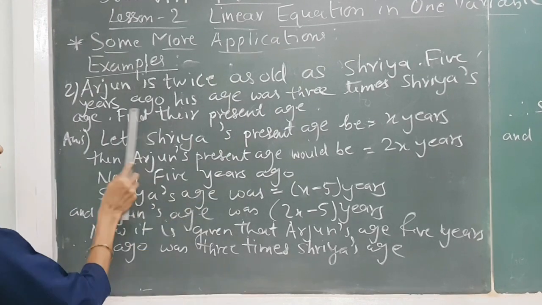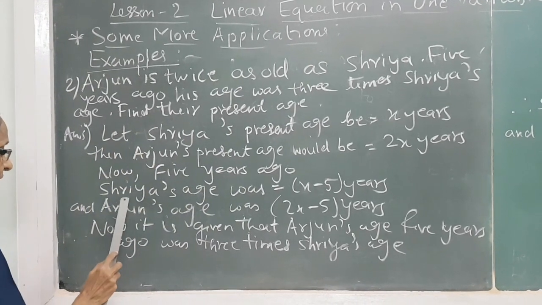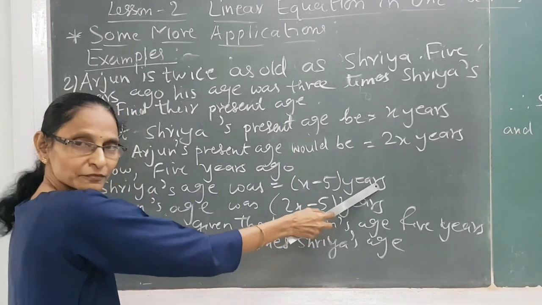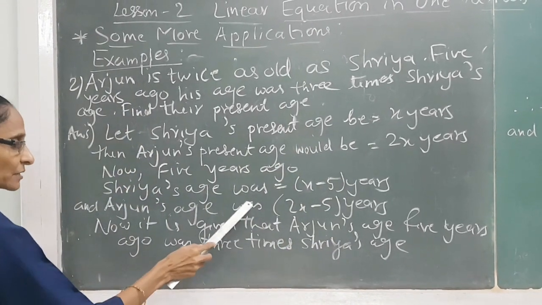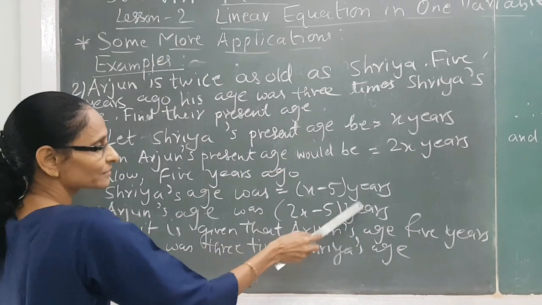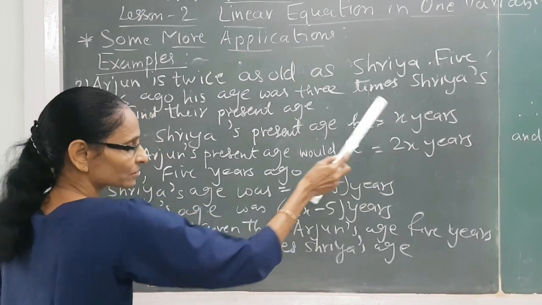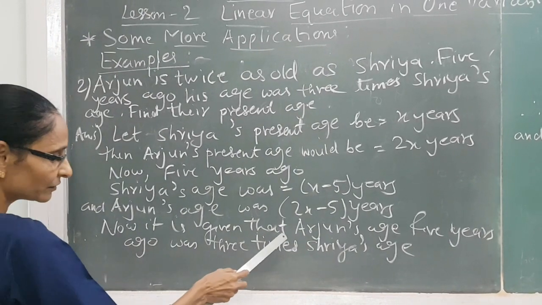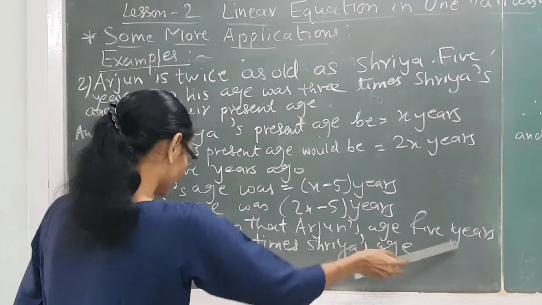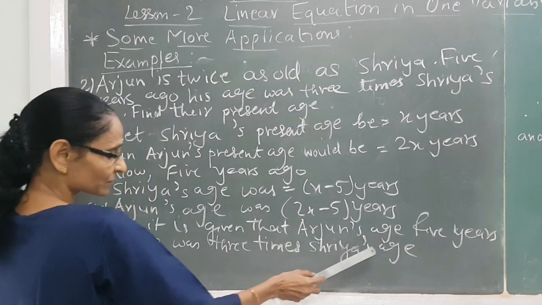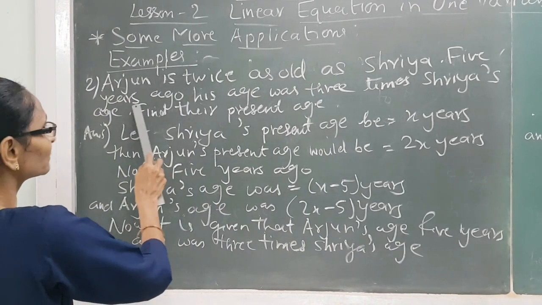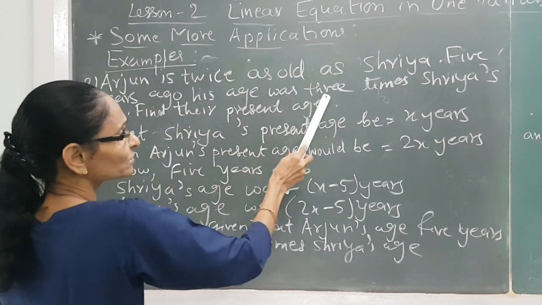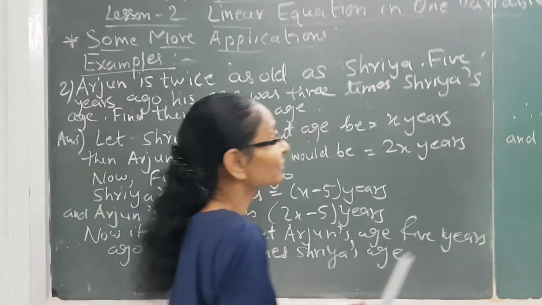Now 5 years ago, Shriya's age would be x minus 5, and Arjun's age was 2x minus 5 because his present age is 2x. Now it is given that Arjun's age 5 years ago was 3 times Shriya's age.